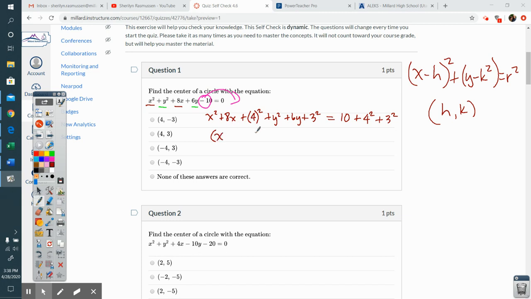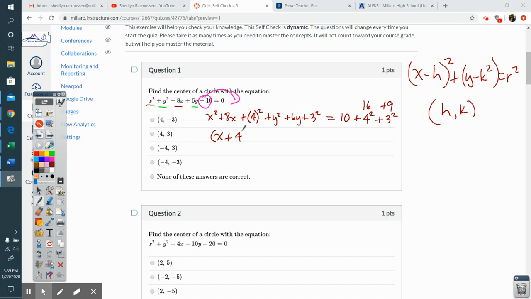When you complete the square, all you do is take the square root of this, the square root of that, and you use the sign of whatever's here. So this is x plus the square root of the whole thing, which is 16. The square root of 16 is 4. So it's that number that you took before you squared it.